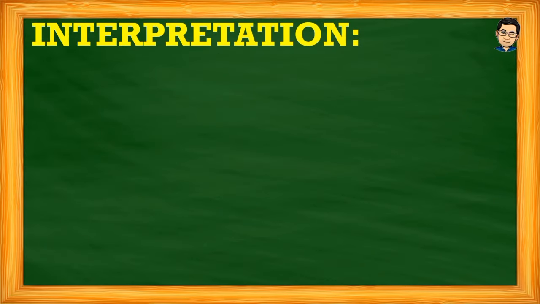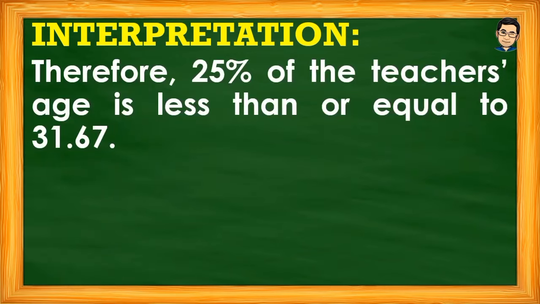Next, for our interpretation, therefore, 25% of the teachers' ages is less than or equal to 31.67. Okay, so ibig sabihin, ganyan ang edad ng mga teachers na below 25%, yung lower quartile. So 31.67 years old sila.